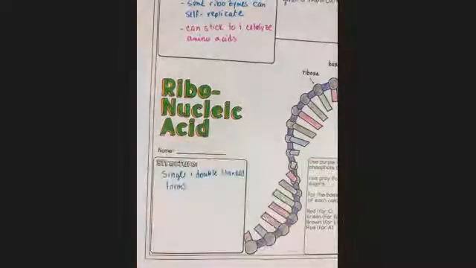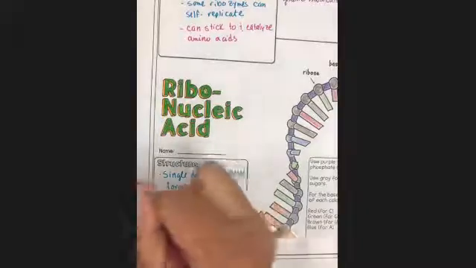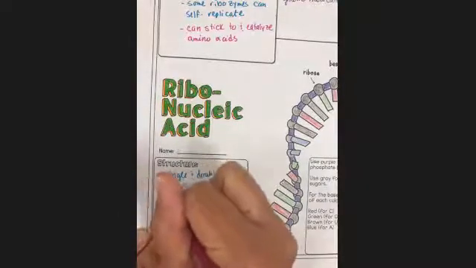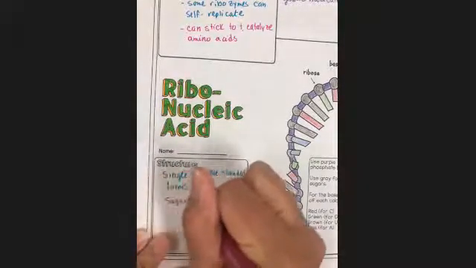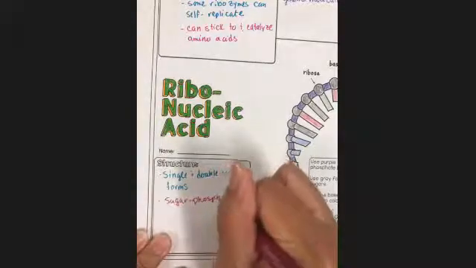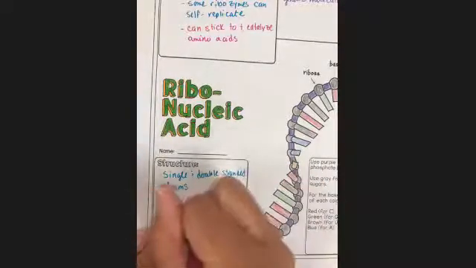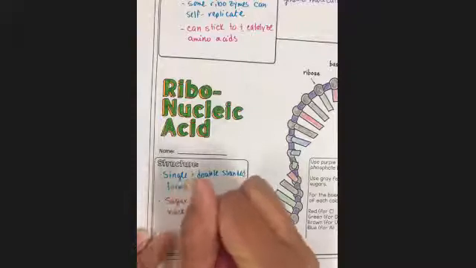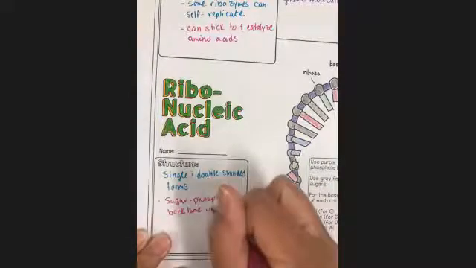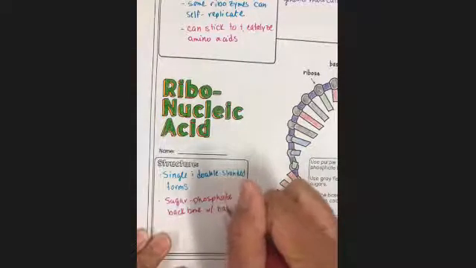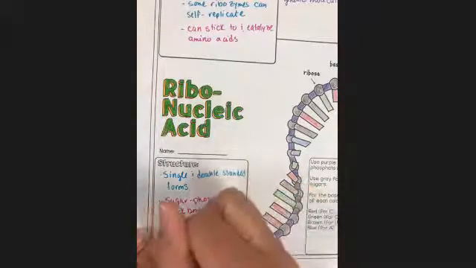I apologize, guys. All right, so also, we have a sugar phosphate backbone, except in this case, instead of deoxyribose, we have ribose. So sugar, phosphate, backbone, and it has the bases sticking out.